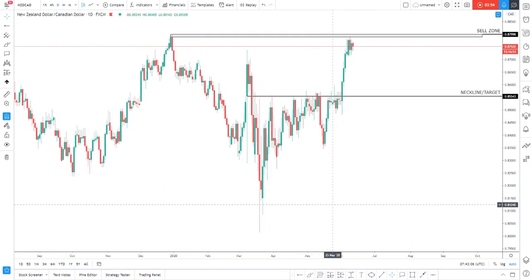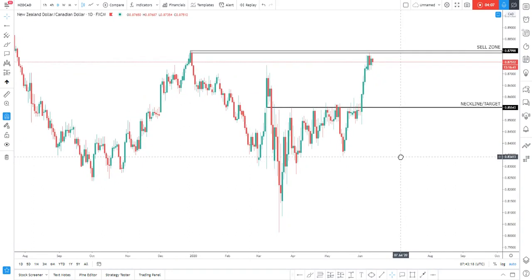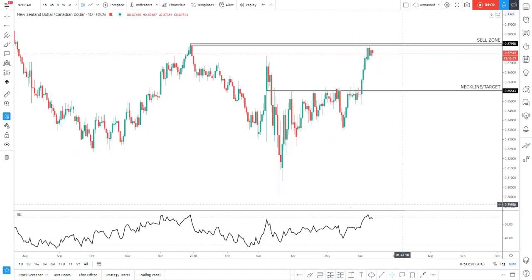Next thing I'll do is add my RSI on the chart to see if it's overbought, so it can add up the confluences to go short on NZD card. On my RSI, we can see it's actually overbought.